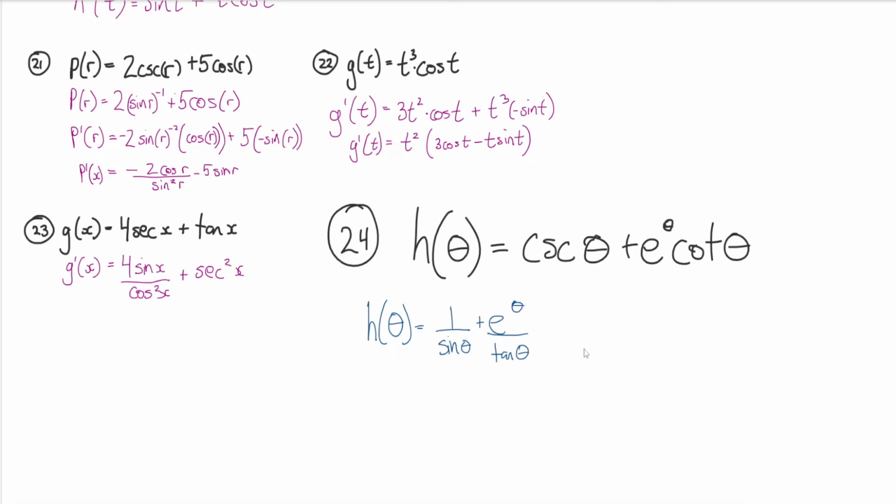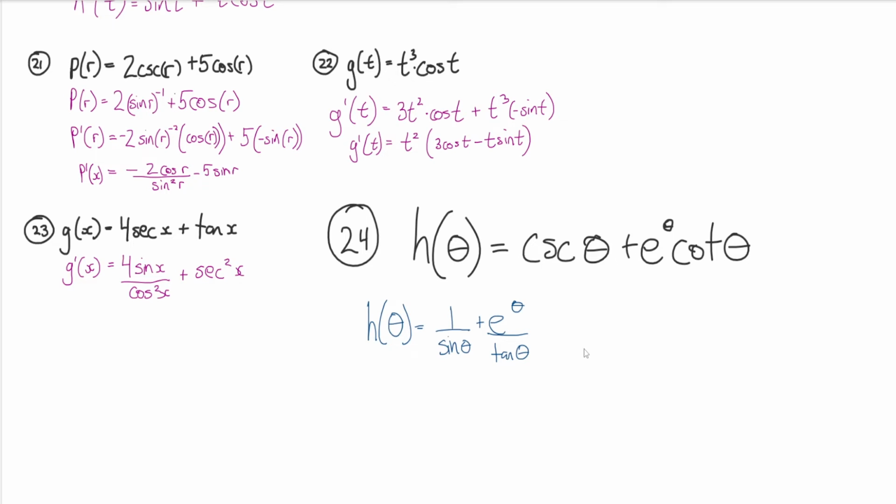Okay, so we don't necessarily have to rearrange this, but if we remember, the derivative of this was negative, what was it? Negative cos x over sine squared x, right? That was the derivative. And the derivative of tan is secant squared x.